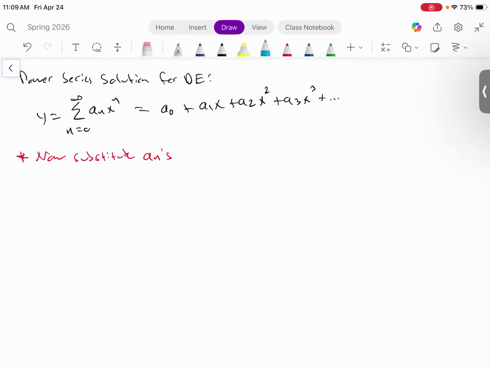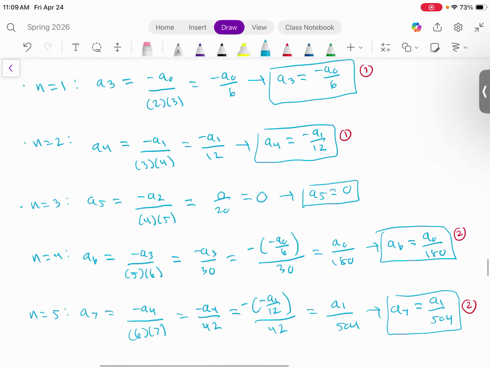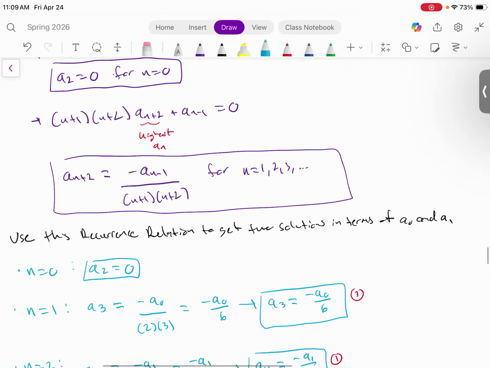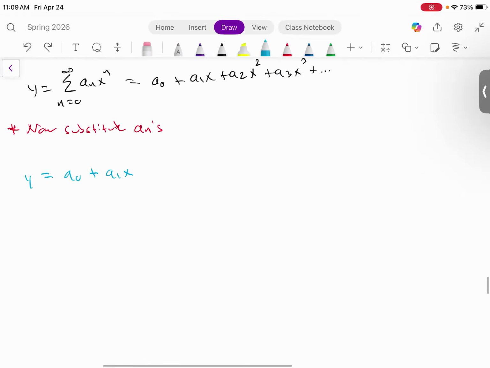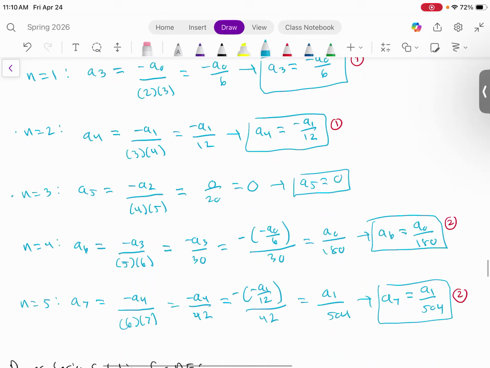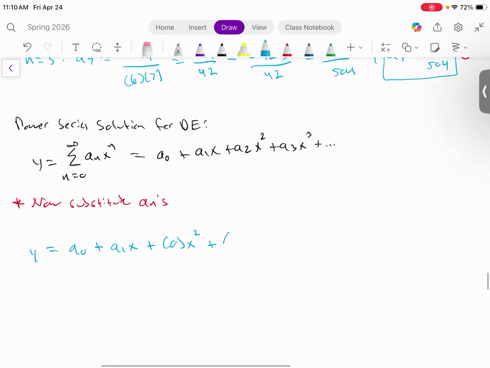So we would have y equals a naught plus a1 x, because we were really given those a naught and a1. We kind of start out at n equals 2. So a naught and a1 are just themselves, but then we start plugging in our values. a2 we just saw was 0, so it's 0 x squared. a3 is negative a naught over 6, so plus negative a naught over 6 x cubed.